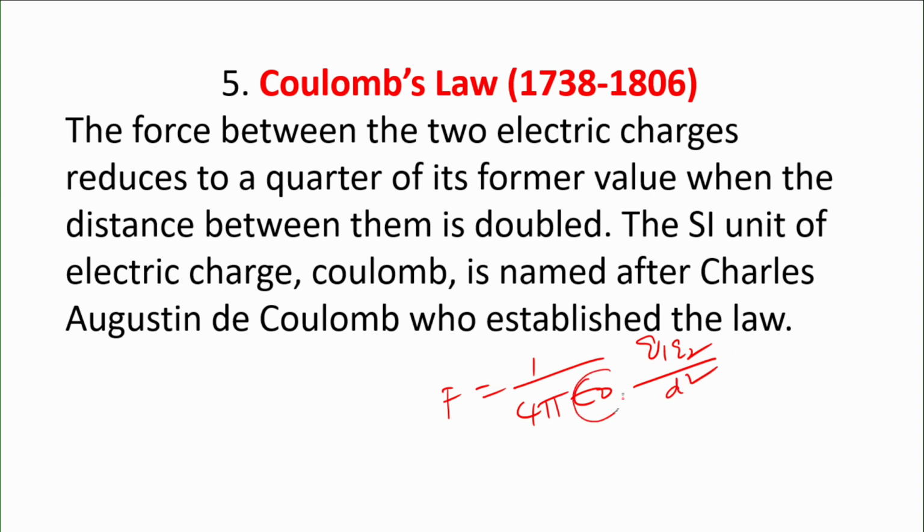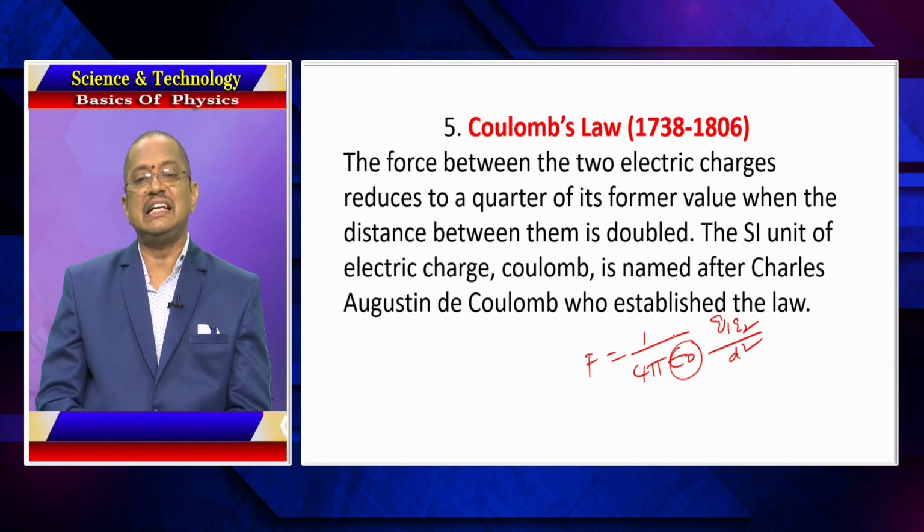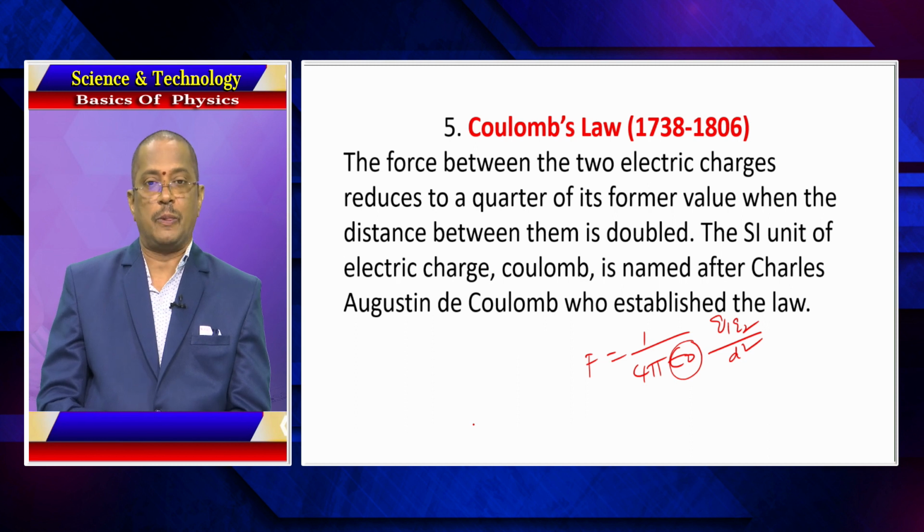Here epsilon naught we call permittivity, Q1 and Q2 are the charges, and d is the distance between the charges, and the unit for charge is Coulomb. So, this is the force between two electrical charges Q1 and Q2.